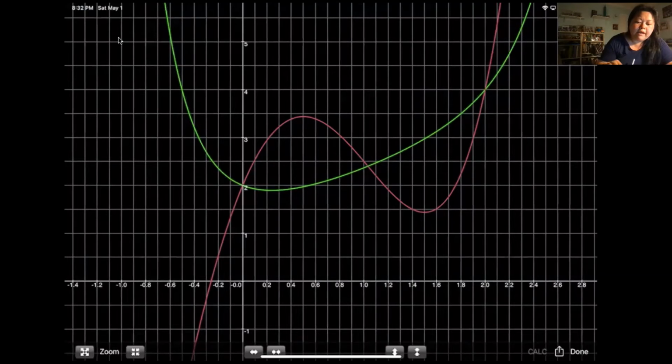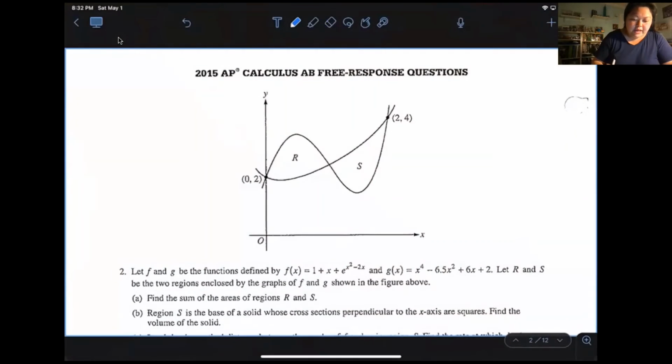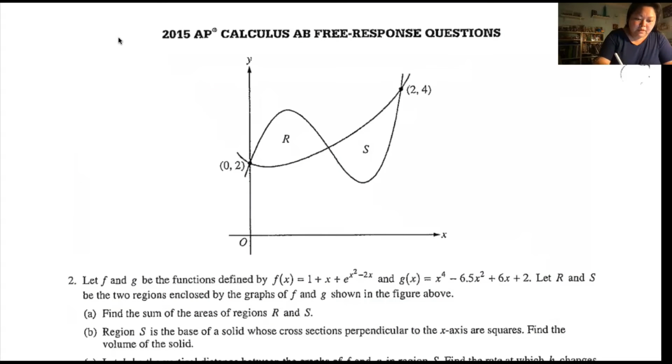So it looks like my green is my F and the pink is my G. So F is actually the more parabola-like-ish. I thought the fourth power would be the parabola, but the fourth power looks like a cubic function. So this is great. This gives me a great idea of which one is which.